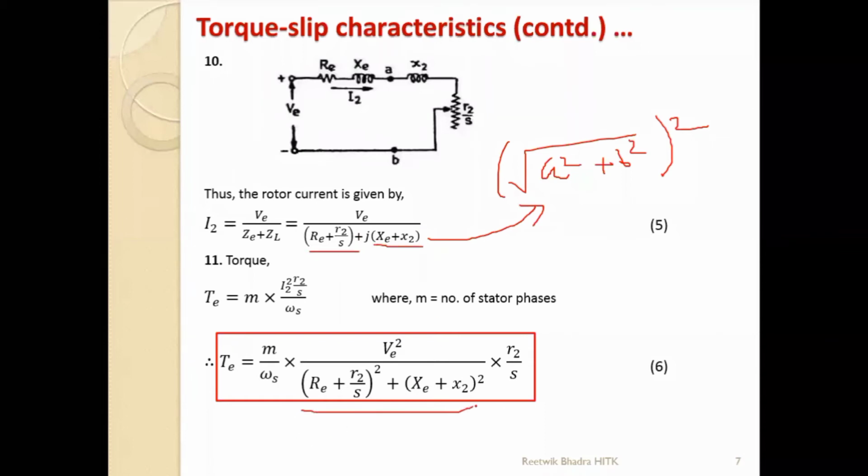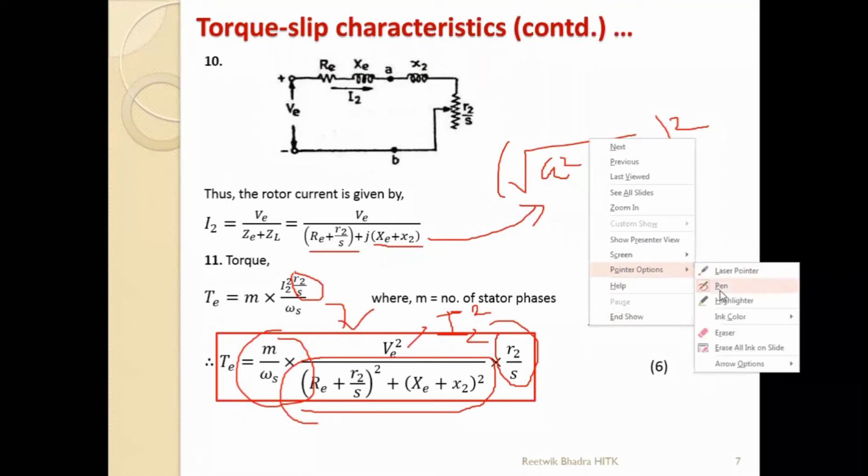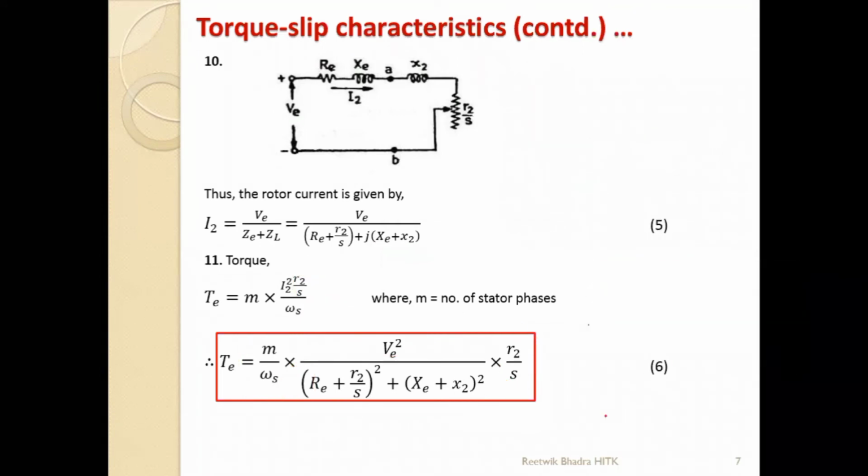So this becomes the denominator, multiplied by R2 by S and m by omega S. So this is how we find out the torque equation. This is a standard torque equation of your induction motor. Any doubt up to this? You can ask or we'll proceed. So using this equation only, we have to derive all our characteristics.